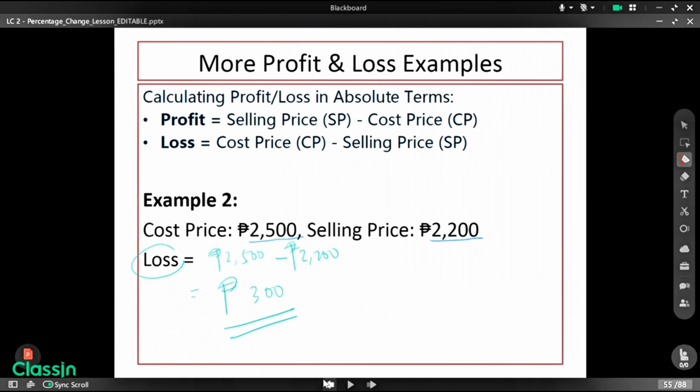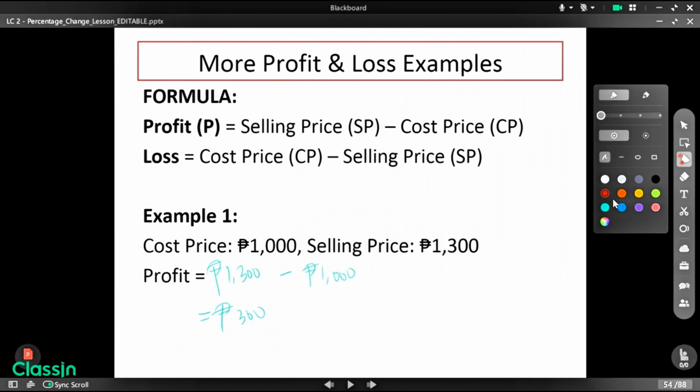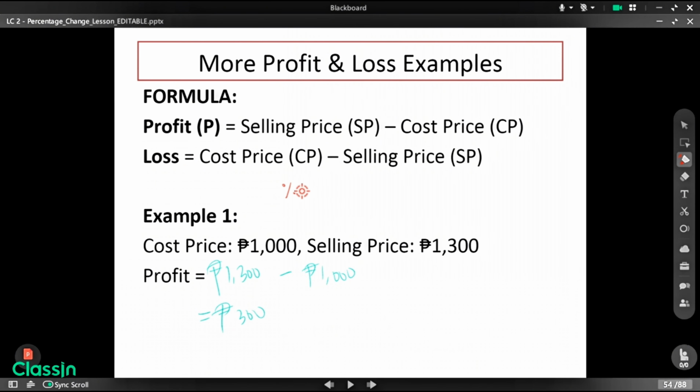Now let's go back. What is the percent of profit in this example? It will be profit divided by cost price times 100.